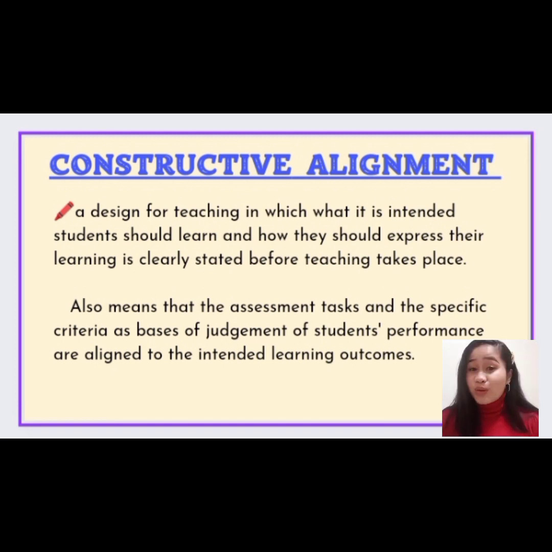We will talk about constructive alignment. Please let us read the presentation together. Constructive alignment is a design for teaching in which what is intended students should learn and how they should express their learning is clearly stated before teaching takes place. So what is it all about?